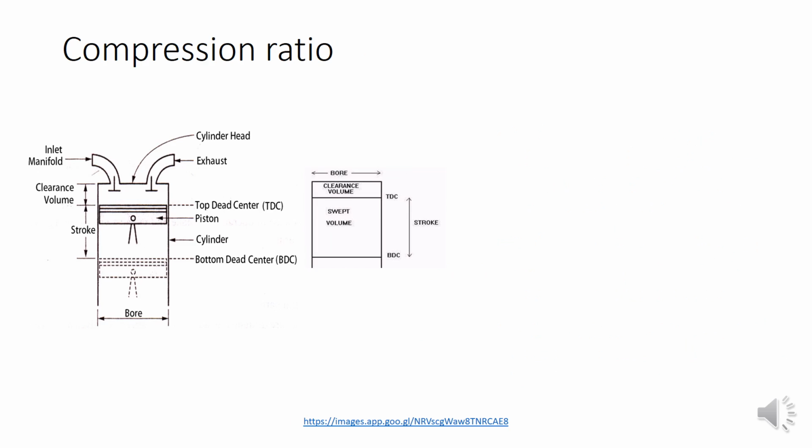Finally we have an important factor, the compression ratio. Every engine has a compression ratio. For example, most petrol engines have a compression ratio between 6:1 and 12:1, but diesel engines use a very high compression ratio, some 15:1 to 22:1.